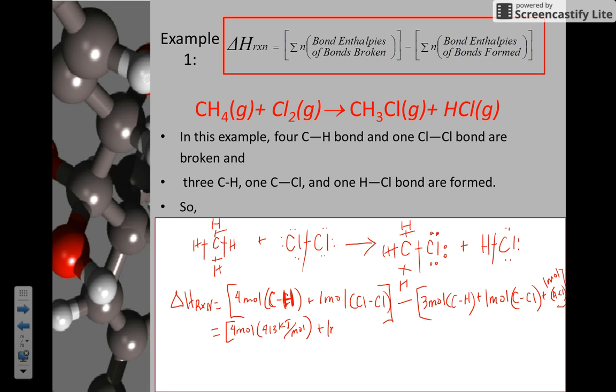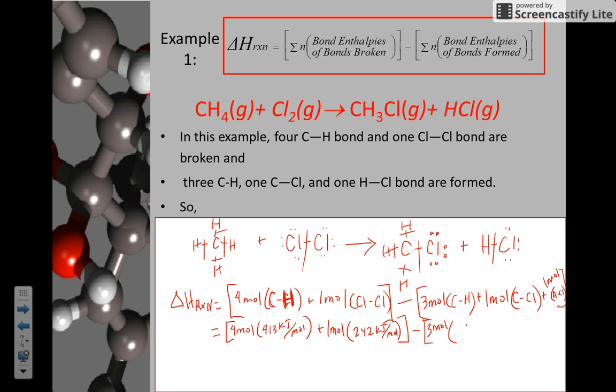Plus, I got 1 mole of the chlorine-chlorine single bond. If you look that up on your chart, that's going to take 242 kilojoules per mole of energy to break. Okay, so those are all the bonds broken. Now do the same thing for the bonds that are formed. 3 mole times the C-H.